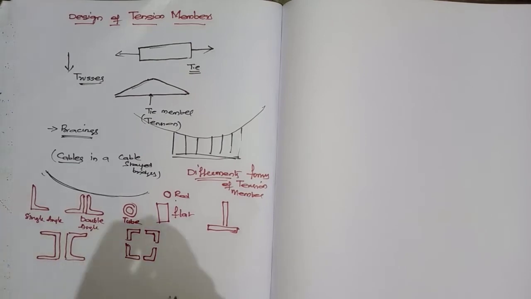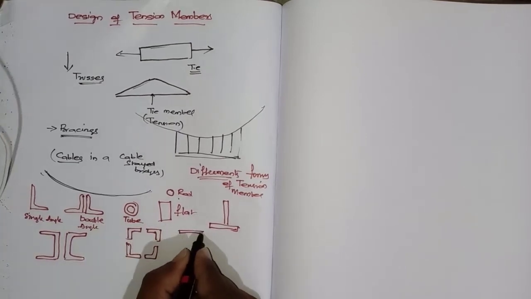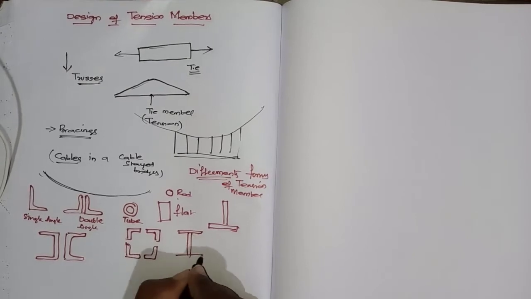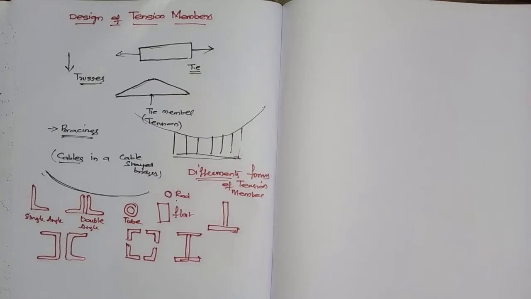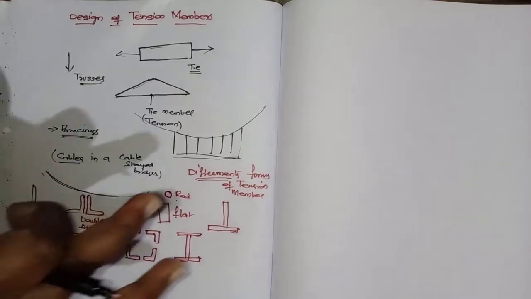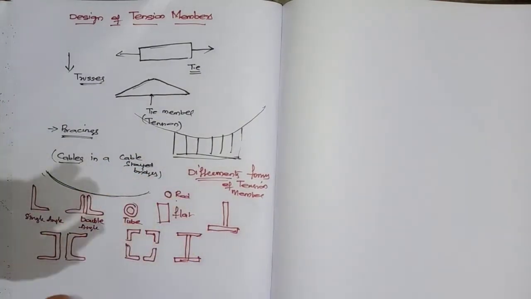Even an I section can also be used. These are the different forms of tension members in different steel structures.